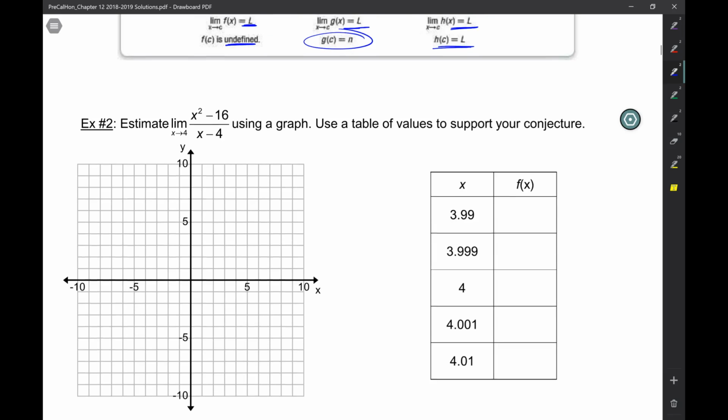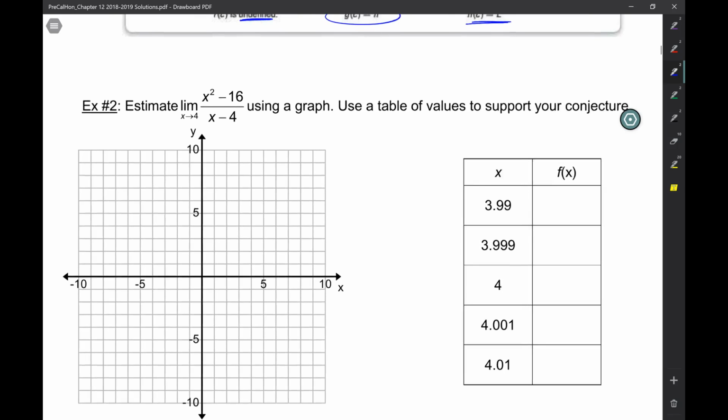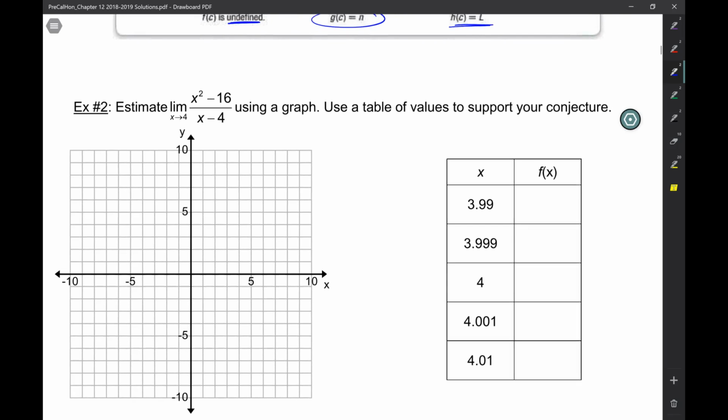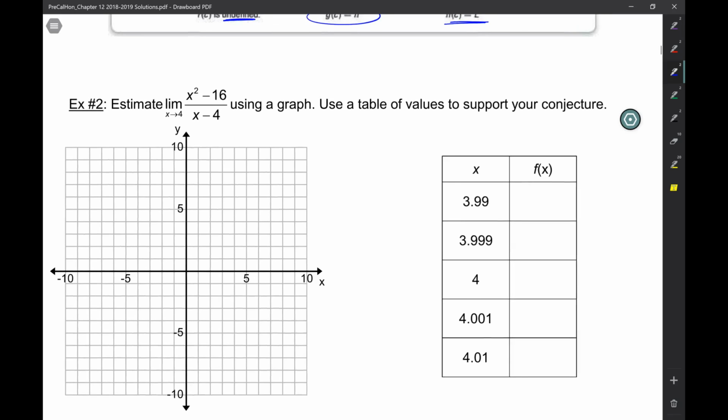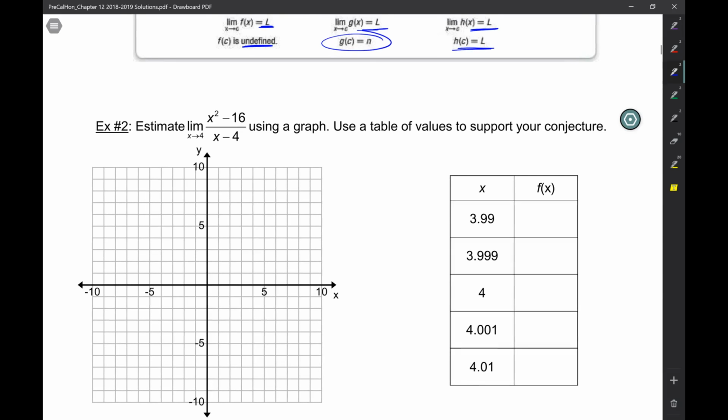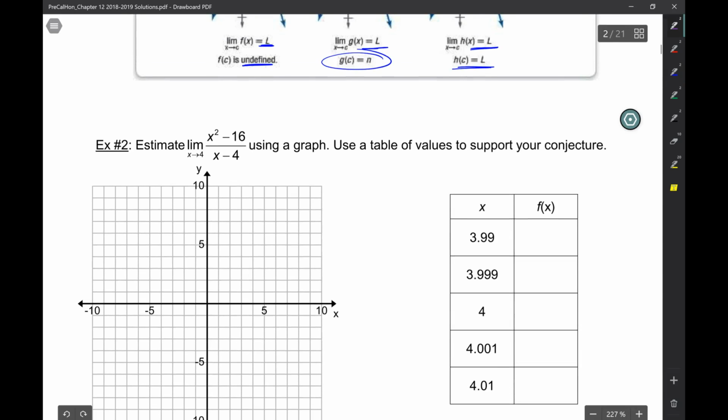Okay. So, let's do this one. All right, we're going to graph this now. We're going to rely on our previous knowledge of rational functions. So I have limit as x approaches 4. I'm going to factor this numerator over x minus 4.